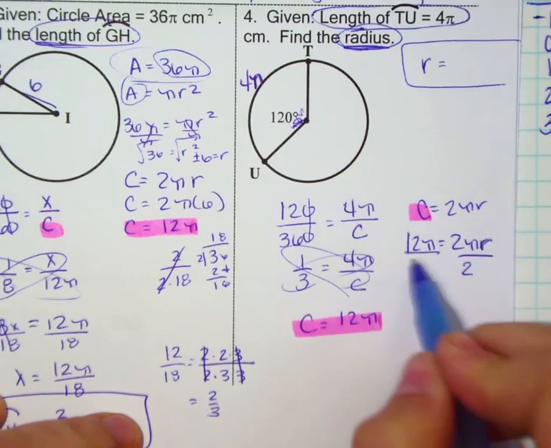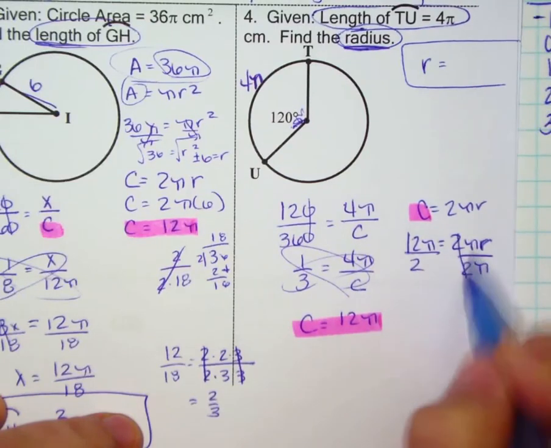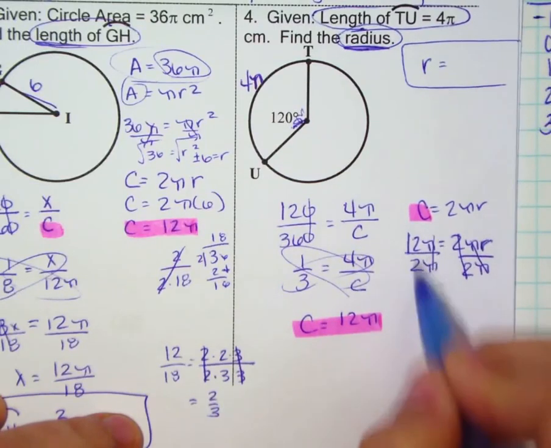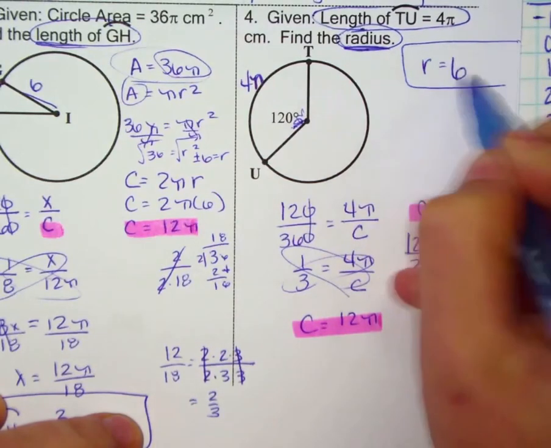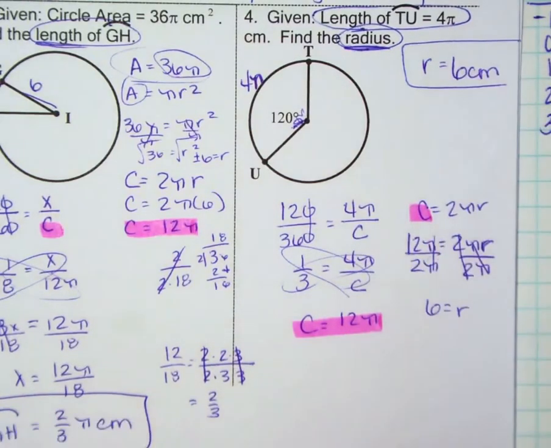Divide both sides by 2 and pi. 12 divided by 2 is 6. So the radius is 6 centimeters. Again, if you need to, go back and review or rewatch the work that I just did.